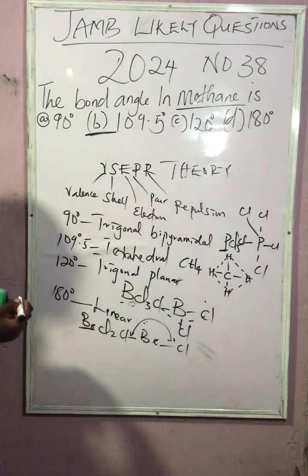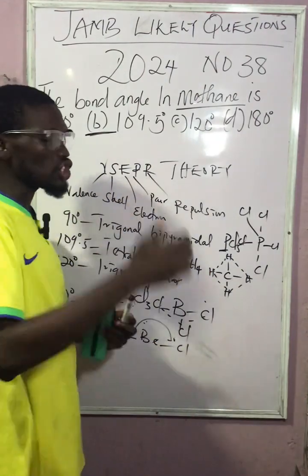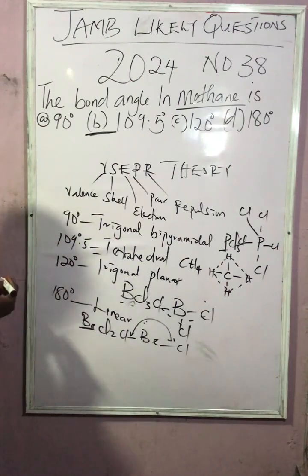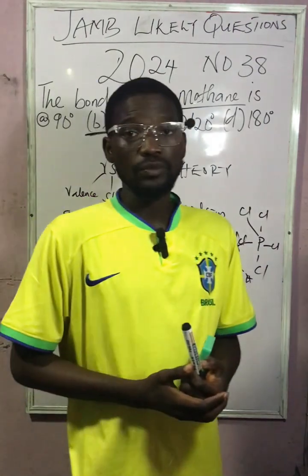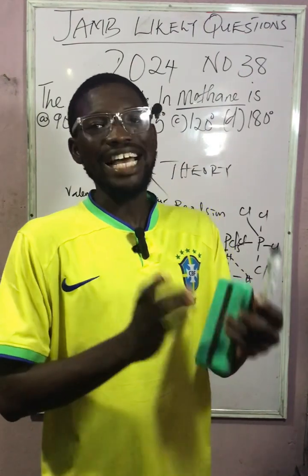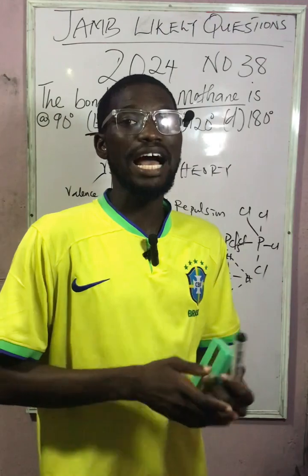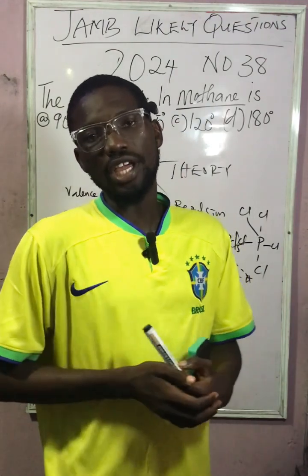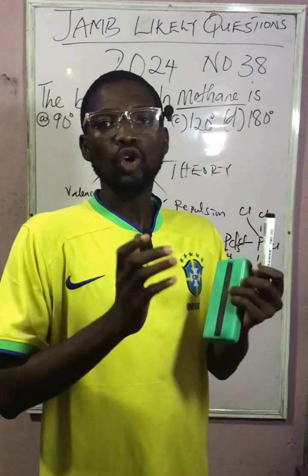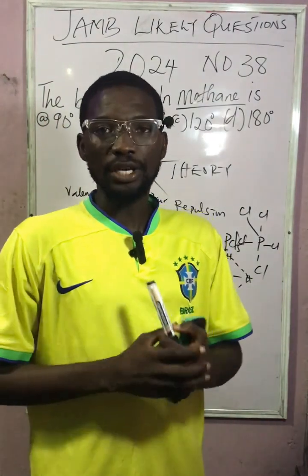Exactly now. The last but not the least, with this valence shell electron pair repulsion theory, if we have water, what is the shape of water? Water is either classified as V shape or angular shape, and the bond angle of water is 105 degrees, while in some cases you may come across 104.5 or 104.6789, you can pick your answer.